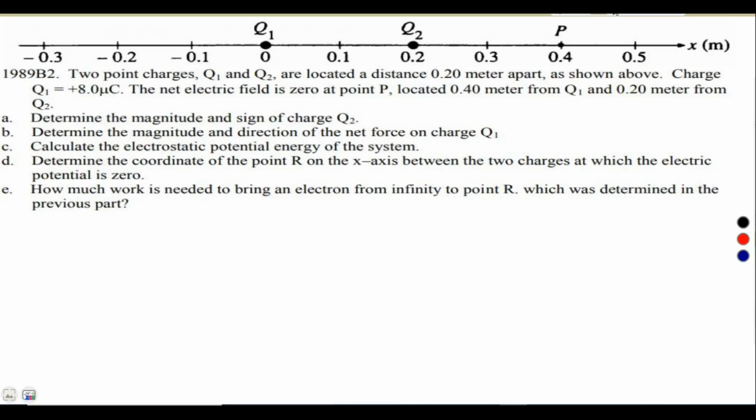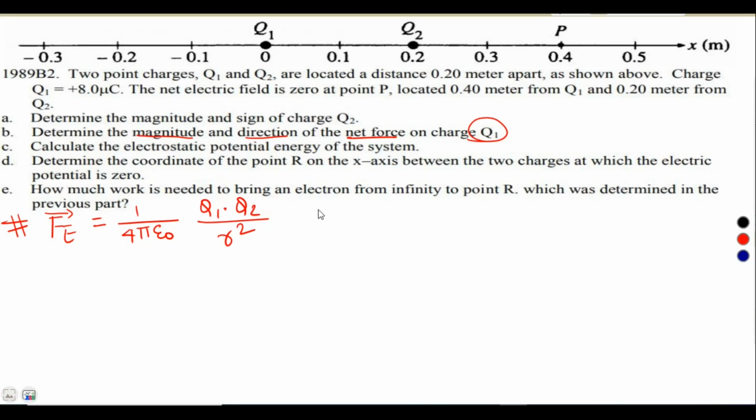See, we have to find the magnitude and direction of the net force on charge Q1. So how can we find the net force? The formula of electric force Fe is equal to 1 upon 4 pi epsilon naught, q1 q2 upon r square, right?